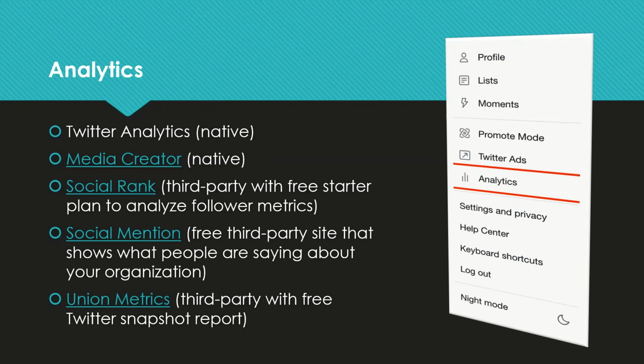It has the Media Creator, which I've linked you to here. But the Media Creator, along with your other Twitter analytics, can give you a relatively full snapshot picture of your Twitter metrics and the kind of engagement that you're getting on Twitter with your posts.